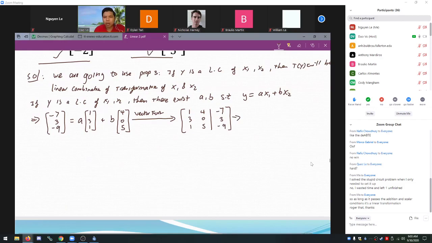We do -3 row 1 plus row 2 give you a brand new row 2, and negative row 1 plus row 3 give you a brand new row 3. So 1, 4, negative 7, 0 here, so that will be negative 12, and negative 3 times negative 7, that's 21, so that will be 24, and then down here you get 0, 1, and 2.